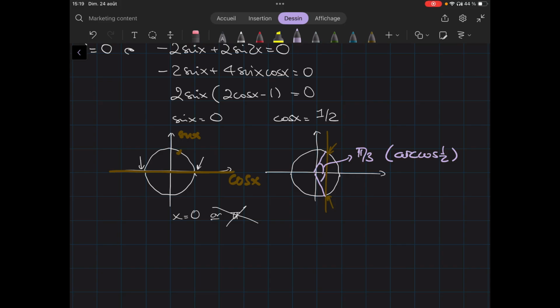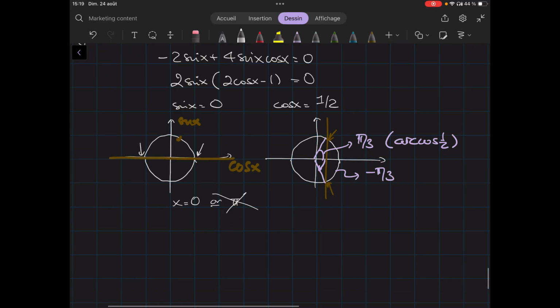Because of symmetry, this angle over here, because it's going in the clockwise direction, will carry a negative sign. Therefore, x is equal to pi by 3 or negative pi by 3. But once again, because we are only interested in the interval between 0 and pi by 2, we can ignore this.